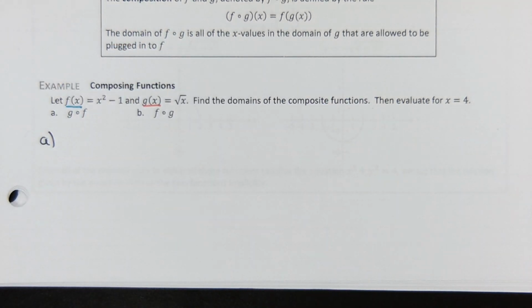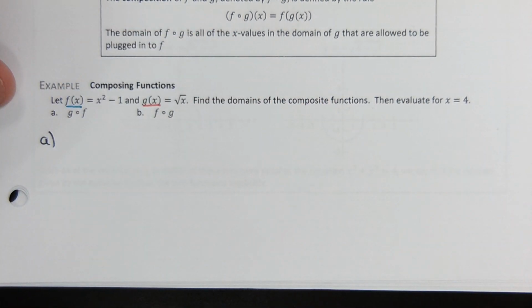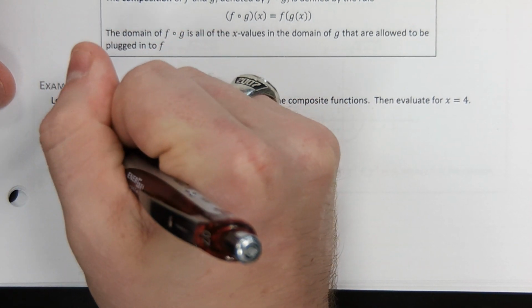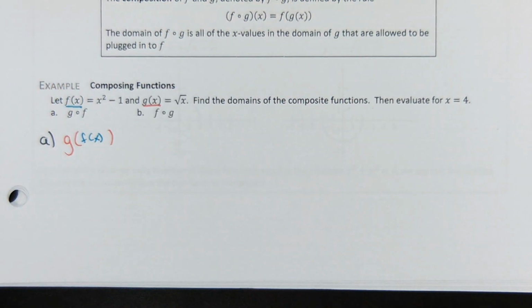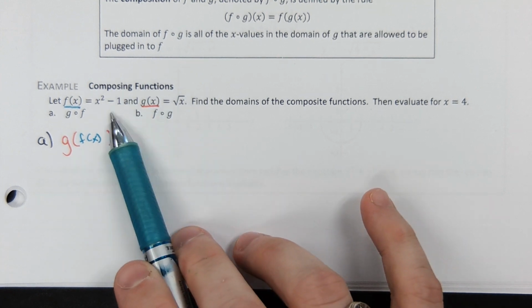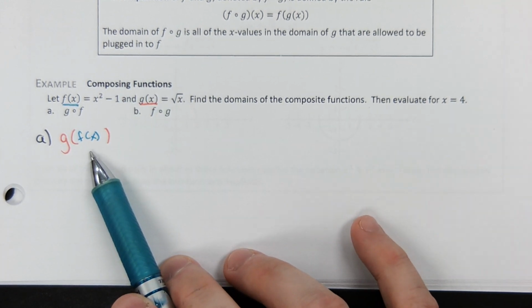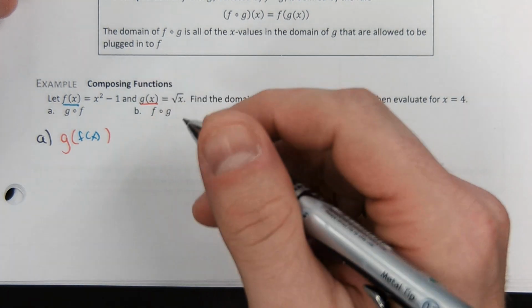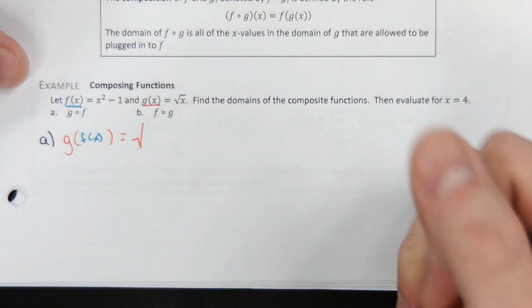I don't like the O symbol, so instead of writing g circle f, I'm going to write g of f of x. And this is color-coded. So the red stuff will be this, and the blue stuff will be this. The way I've written it, they're going to put the blue stuff into the red stuff. The red stuff was square root of.